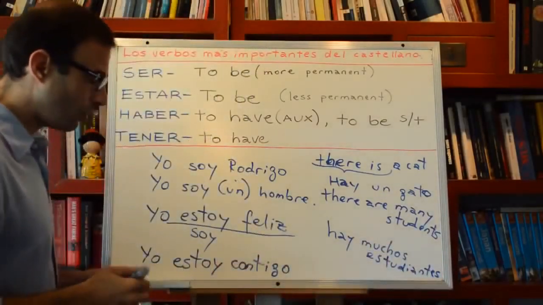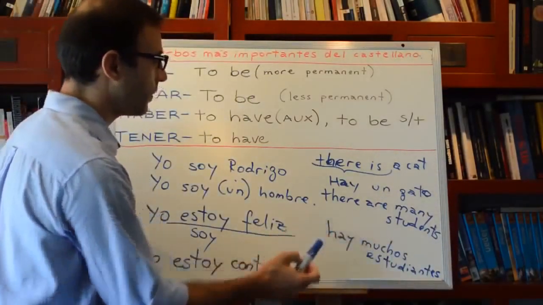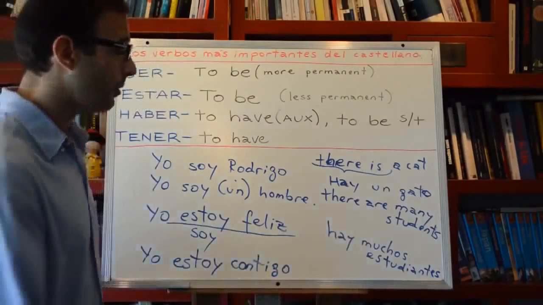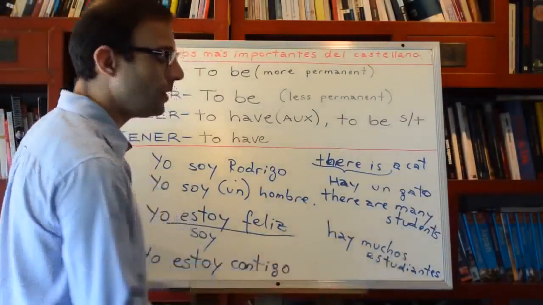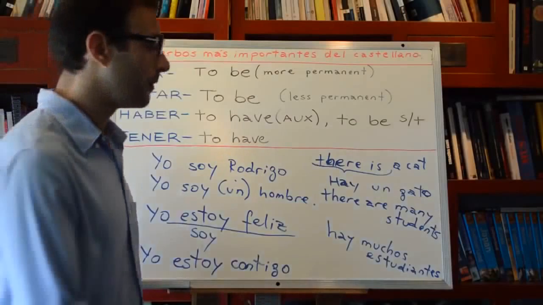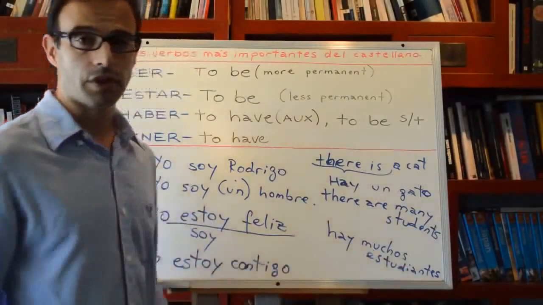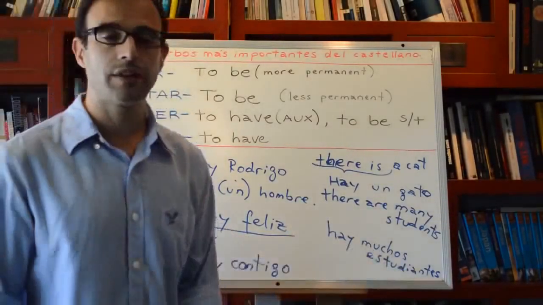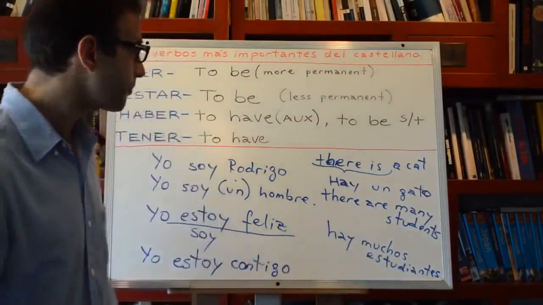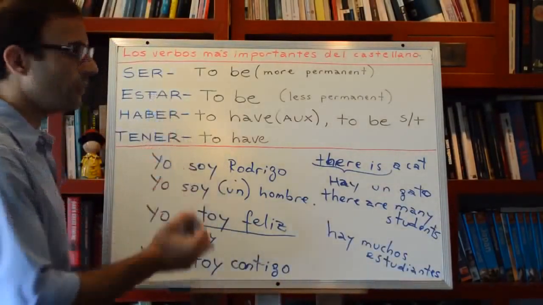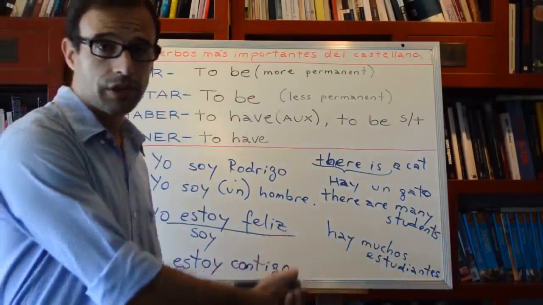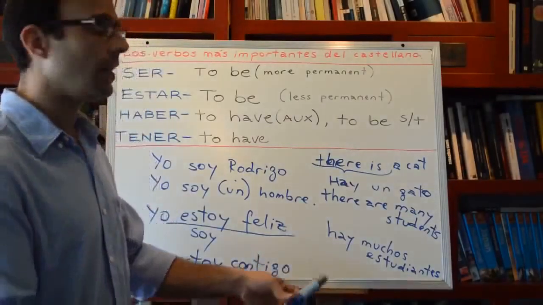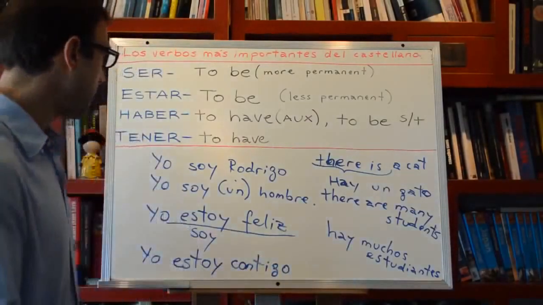Hay muchos estudiantes. Hay means there is or there are, okay? Muchos means many, countable. Estudiantes for students, okay? Hay muchos estudiantes, there are many students. Okay, so haber is used as an auxiliary verb and for saying there is or there are, okay?